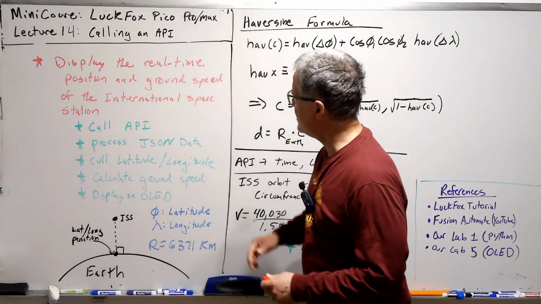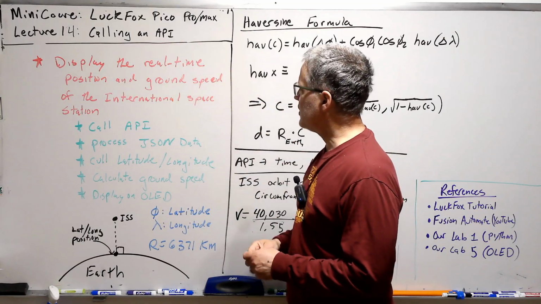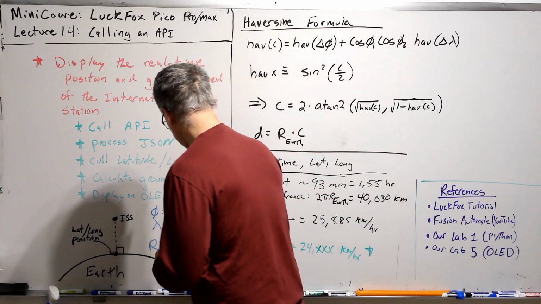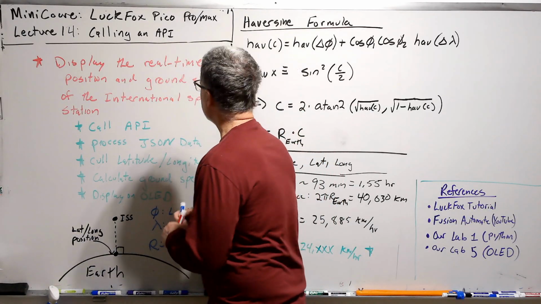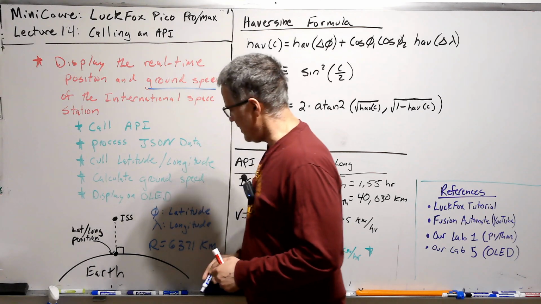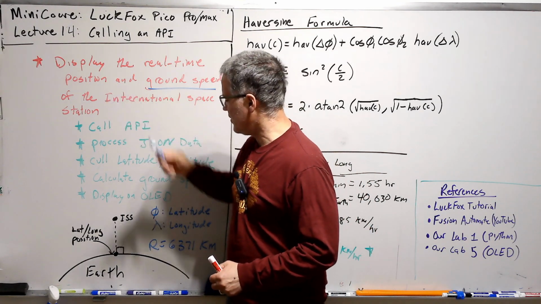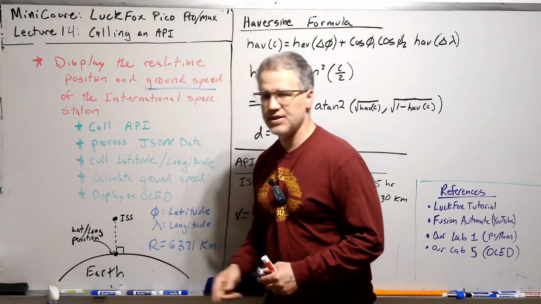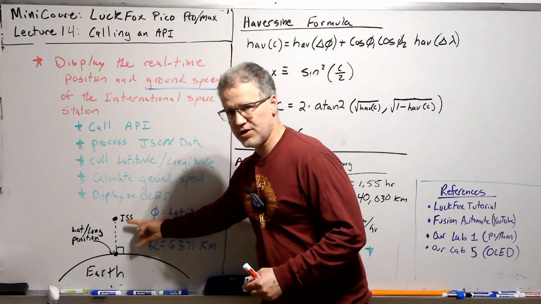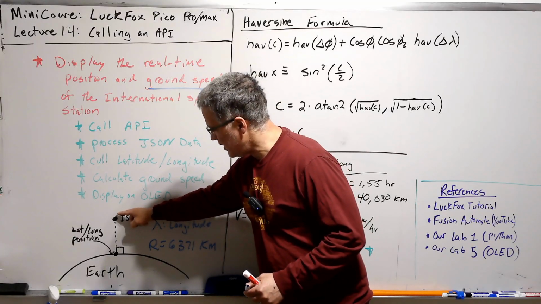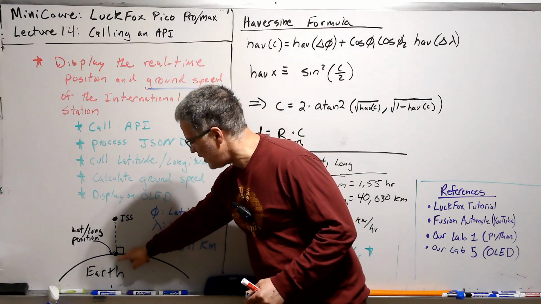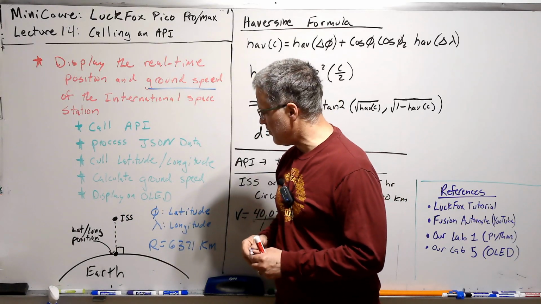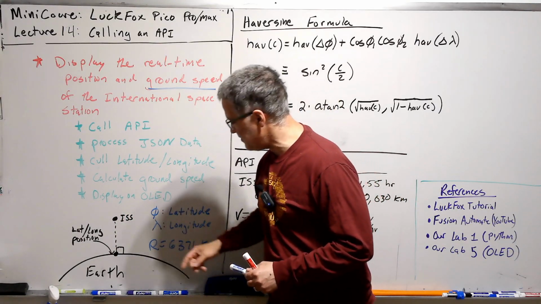All right, so what are we going to do? Well, as I mentioned, we're going to display the real-time position, and we're going to calculate a ground speed. So what does that mean? What is the position and what is the ground speed? Obviously, the International Space Station is in orbit above Earth, about 400 kilometers up. Imagine a line normal to the surface of the Earth coming up and incident upon the International Space Station.